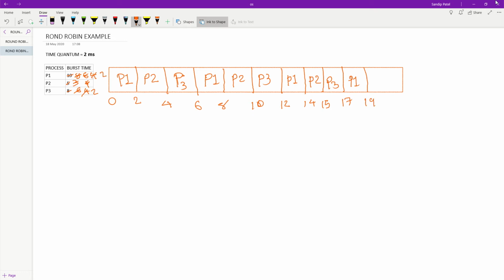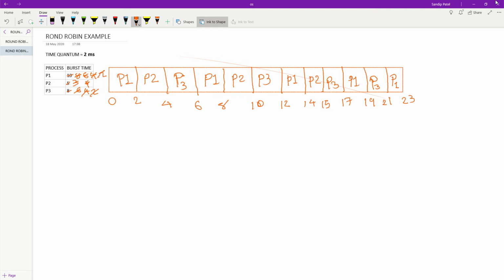And next one, which one? P3. So P3 here is allocated 2, 19 and 21. So here P3 terminated, and the last one, P1, has 2 millisecond remaining. So 21 plus 2, 23. So here also P1 is terminated.